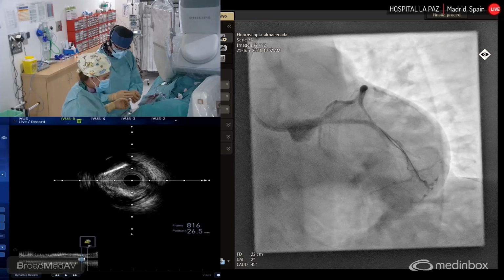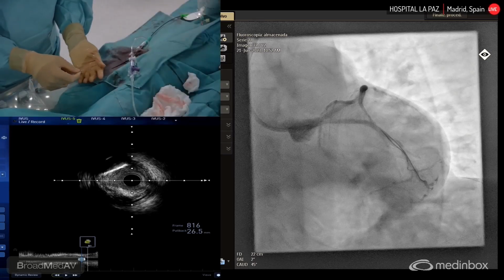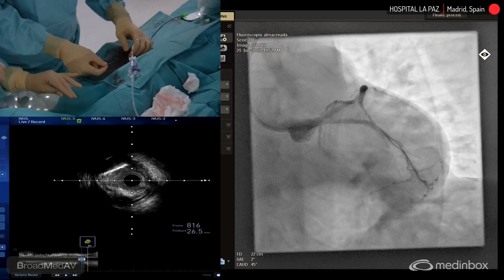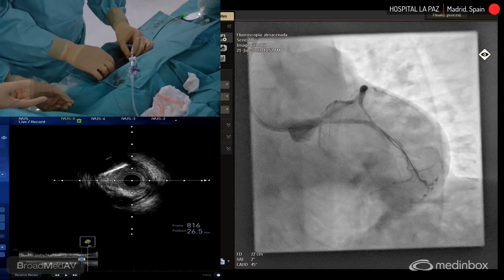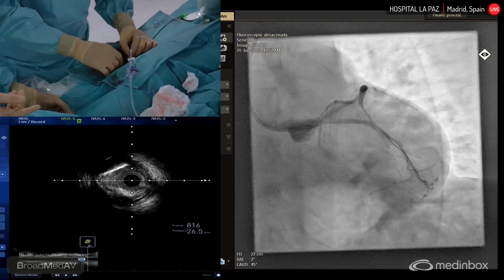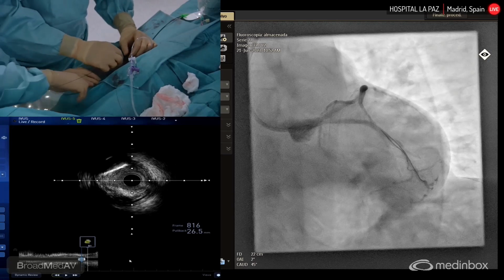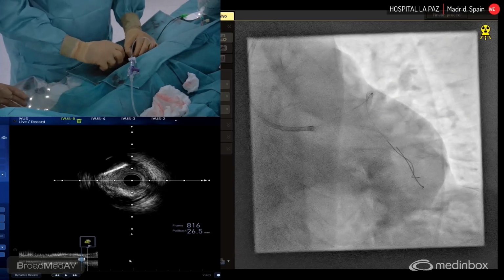2.5 by 20, to be conservative, a little bit bigger than the distal part, but I don't want to dissect proximally, so we are using this one. I have it.